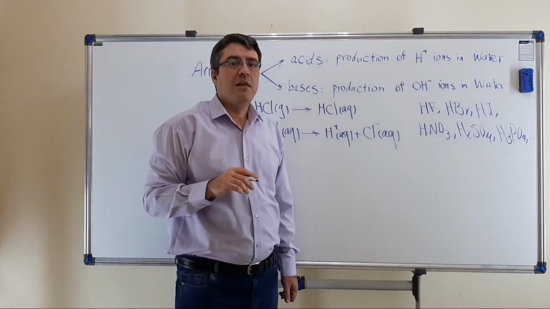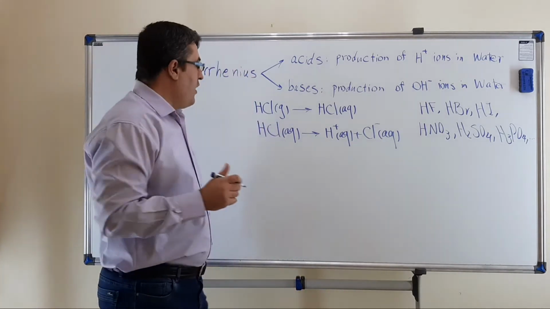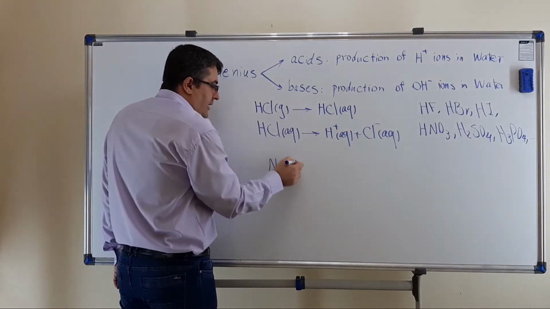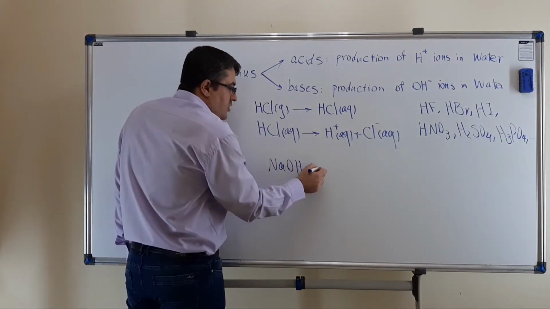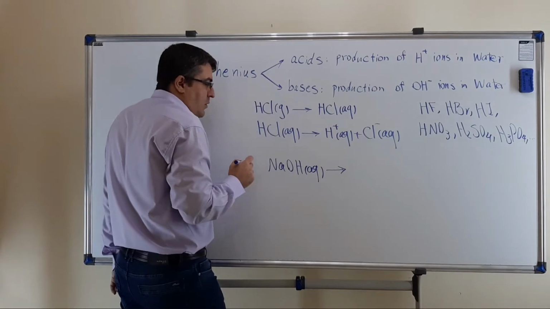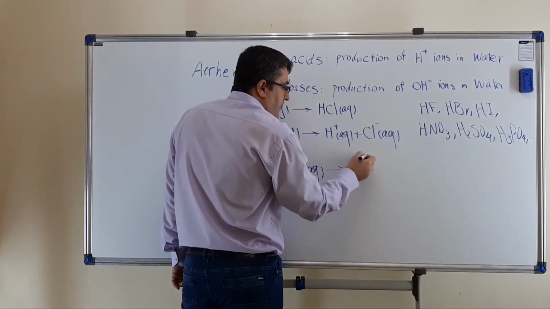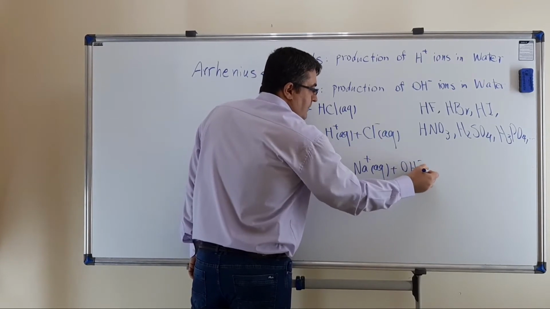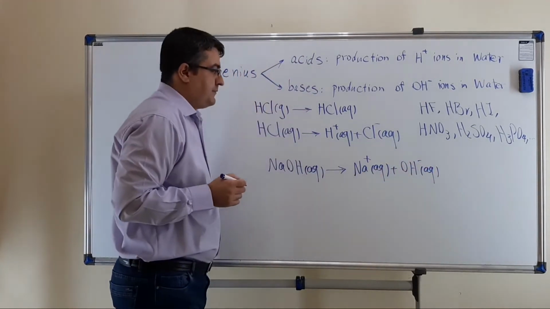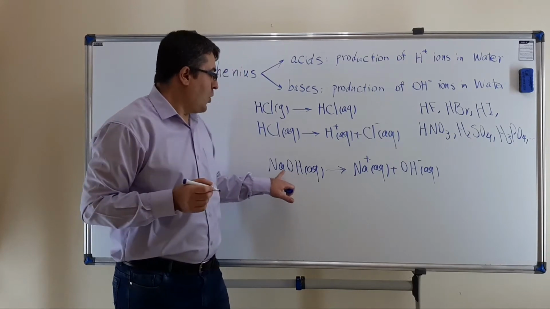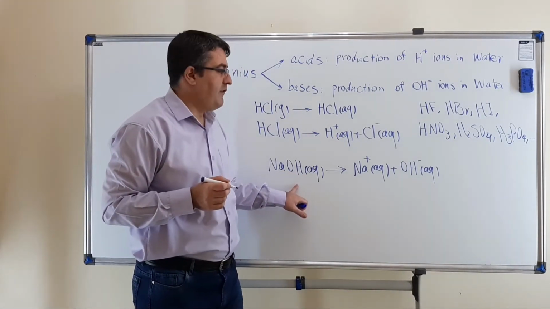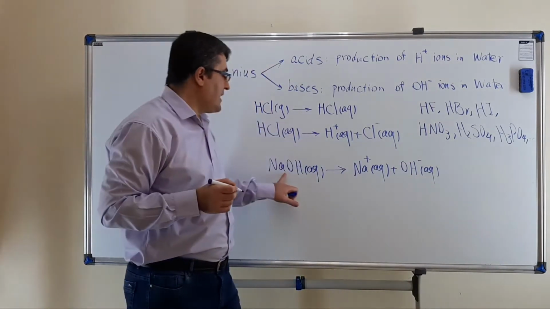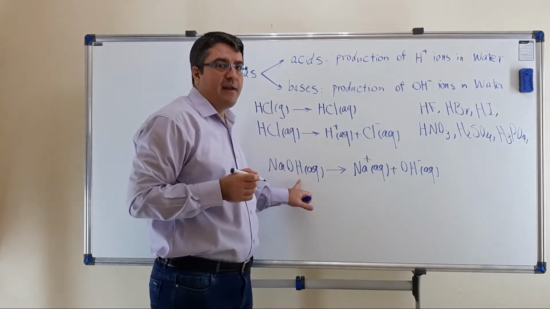As an example for an Arrhenius base, we can consider the aqueous solution of sodium hydroxide, in which sodium hydroxide dissociates into sodium and hydroxide ions. Since sodium hydroxide is capable of producing hydroxide ions in water, we can consider sodium hydroxide as an Arrhenius base.